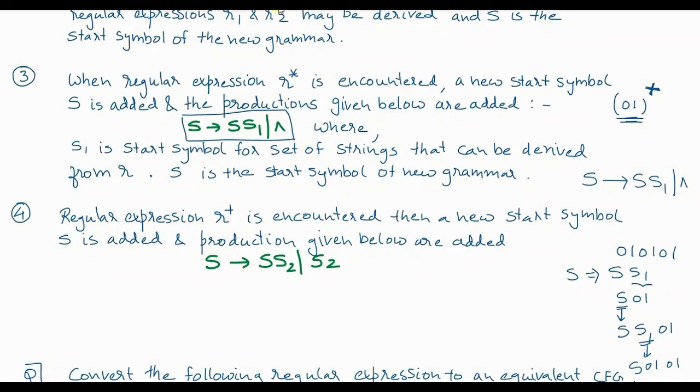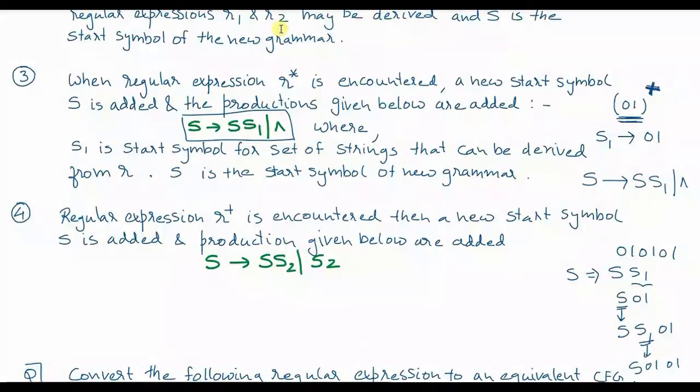So the production that we have derived, that production we have to slightly change. First, devoid of this plus, forget about this repetition, let S1 be the production that represents the inside sub expression 0 1. So S1 gives 0 1, correct?